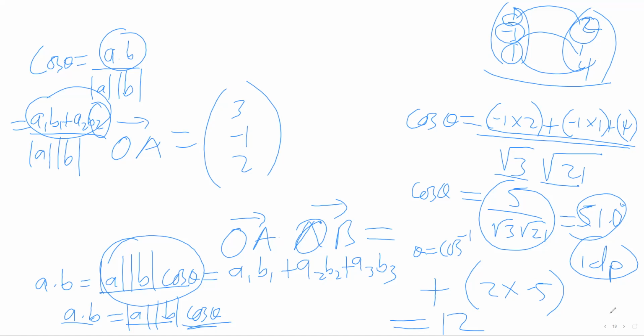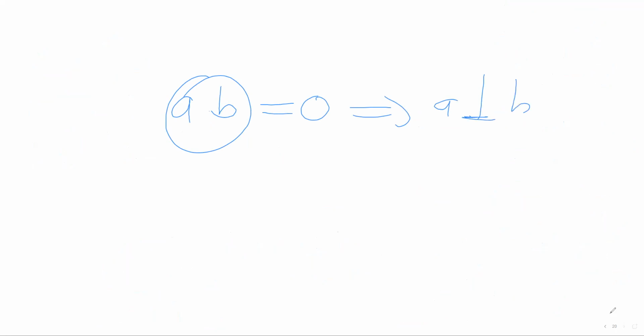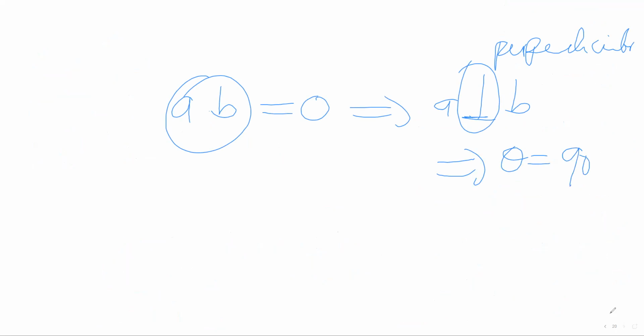Now remember, if you multiply two vectors, the scalar product, and you get 0, it means that A is perpendicular to B. This symbol is perpendicular. What does that mean? It means that the angle between them is 90 degrees.